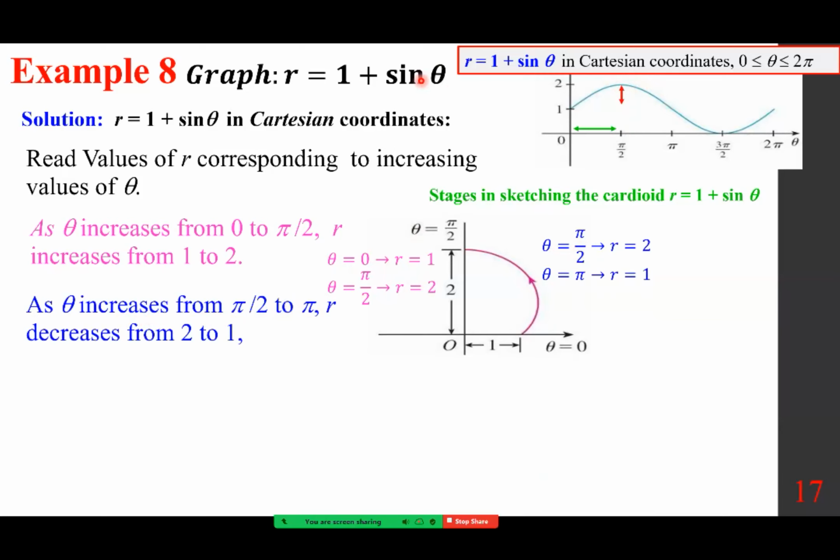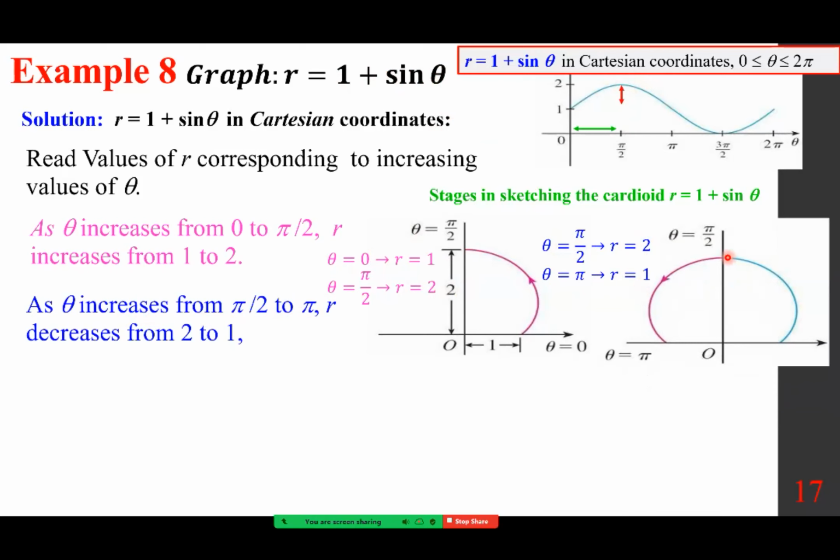When it's pi, sine of pi is 0, we get 1. So it moves such that this one has coordinates 2, pi over 2. This one has 1 comma pi. Maybe I'll write those.